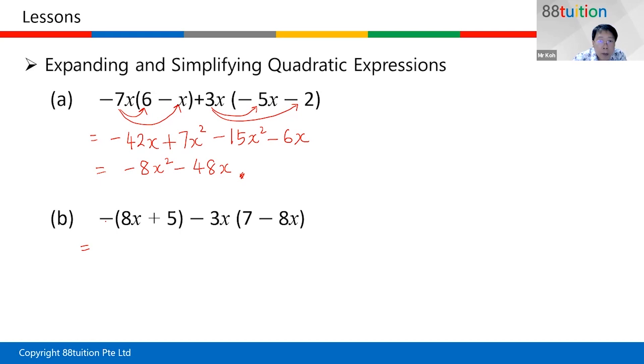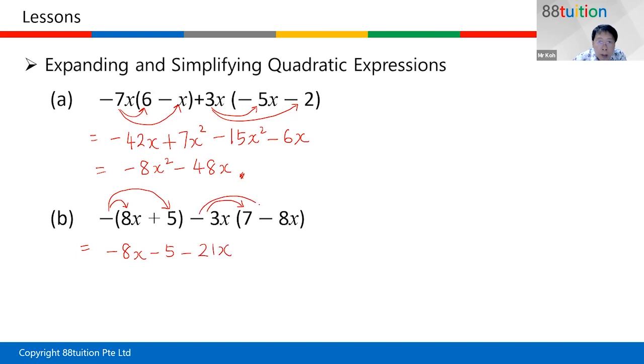So same thing, the first one, minus multiplied by 8x, so you get minus 8x. Next one, minus multiplied by 5, so you get minus 5. Then minus 3x times 7, you get minus 21x.